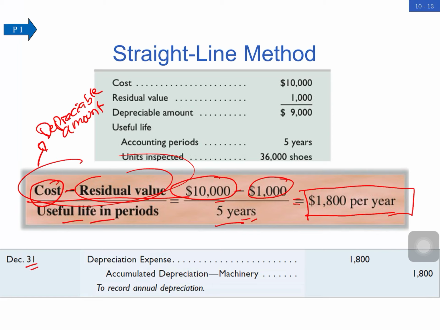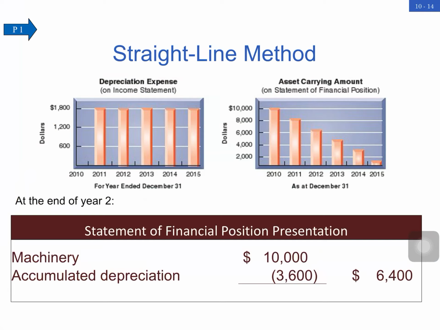So at the end of the year, you have to record depreciation expense and accumulated depreciation, machinery, 1,800 every year end. Straight line method, it's easy. If you use the straight line method, the depreciation expense will be the same every year, 1,800 every year, year 1, year 2, year 3, year 4, year 5. How about the carrying amount?